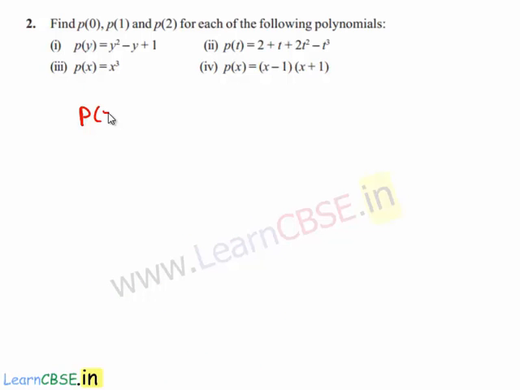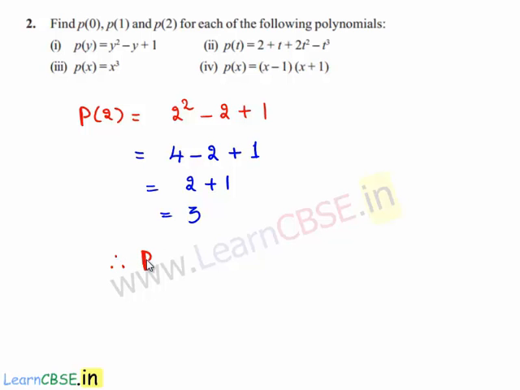P of 2 is equal to 2 square minus 2 plus 1. 2 square is 4 minus 2 plus 1. 4 minus 2 is 2 plus 1, which becomes 3. Therefore, P of 2 is equal to 3.